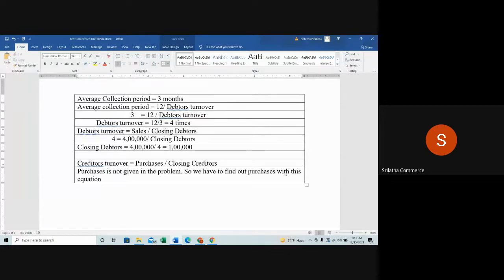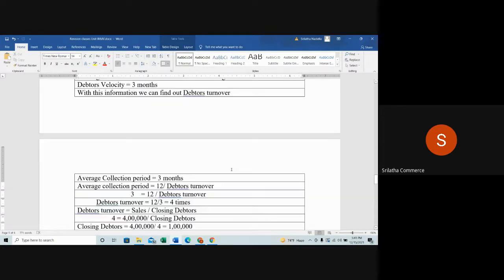What is the equation we follow, ma? Opening stock plus purchases minus closing stock is equal to cost of goods sold, isn't it?